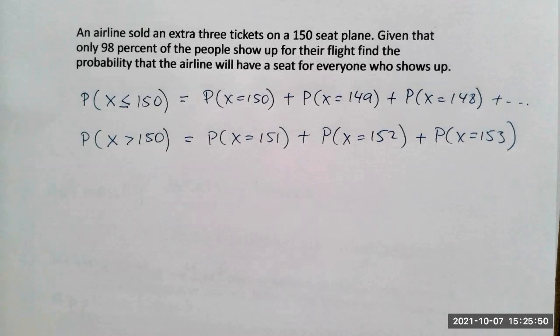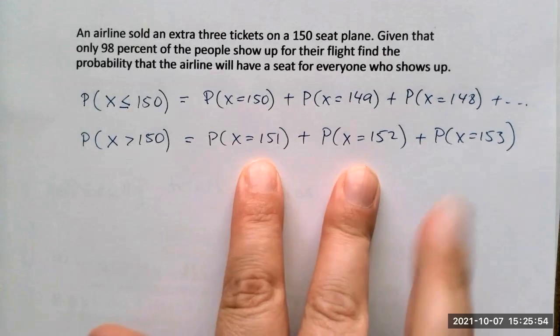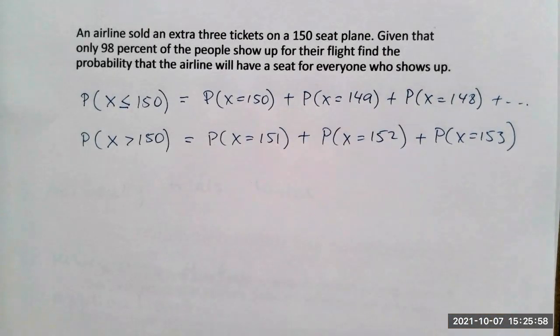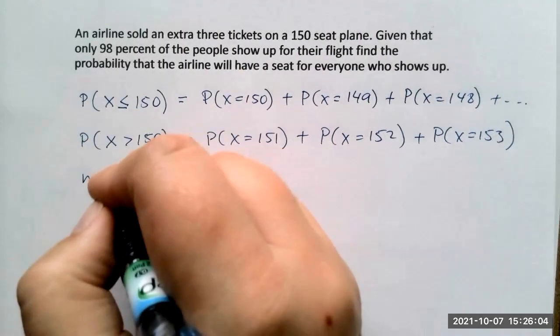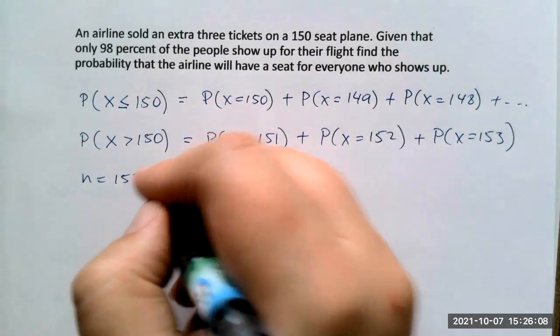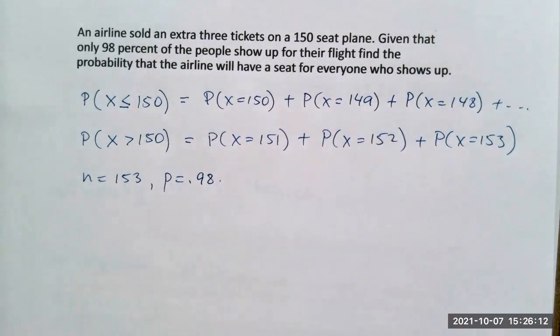So we're gonna run our binomial probability formula 3 times for these different X values. And don't forget to change your N now to 153 instead of 150, and the probability of success is still the same.